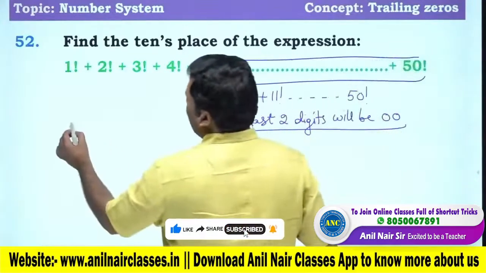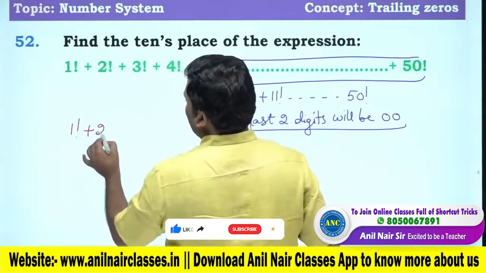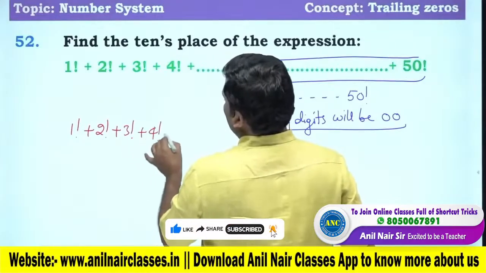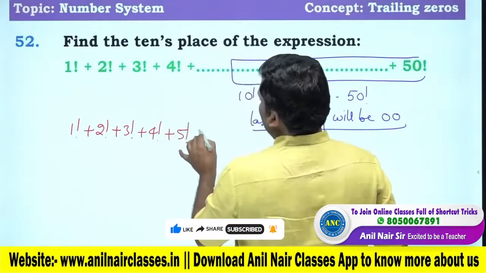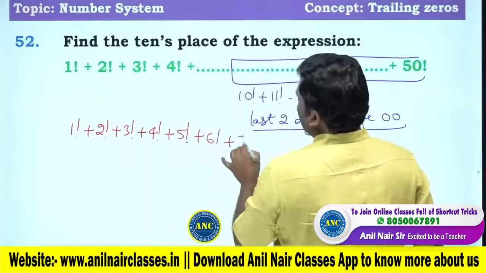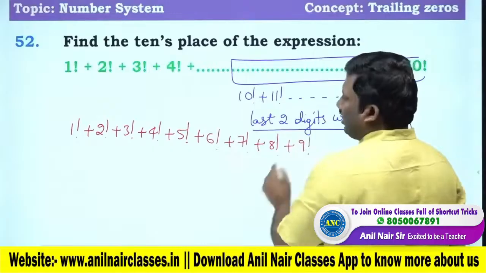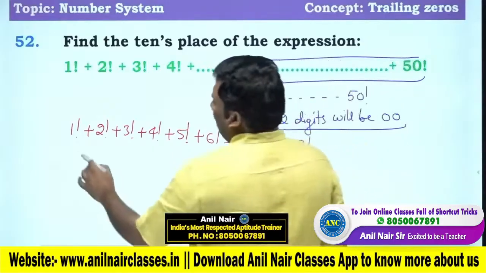Now, just now we did a similar question: 1 factorial plus 2 factorial plus 3 factorial plus 4 factorial, 5 factorial, 7 factorial. Don't solve it like this. Now see this approach. It is 1.